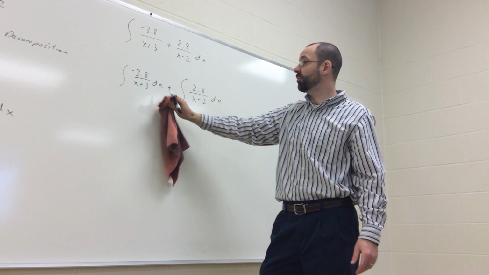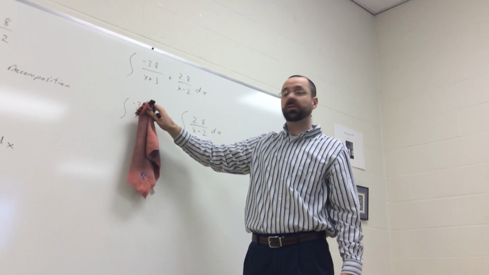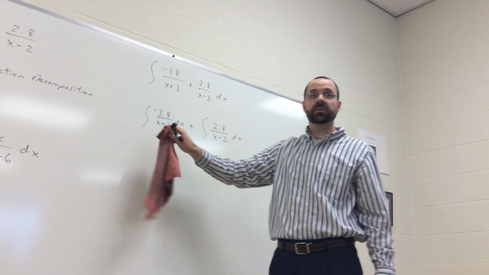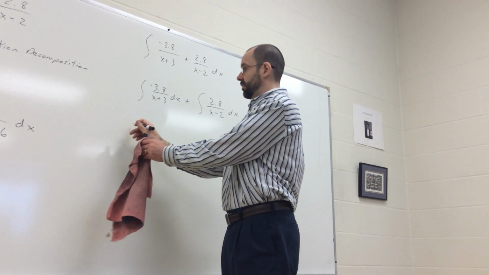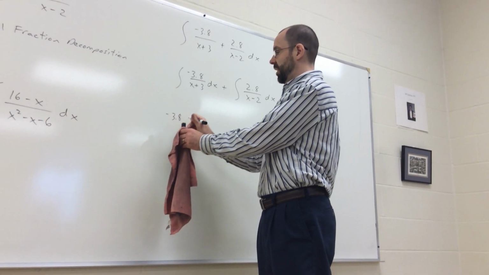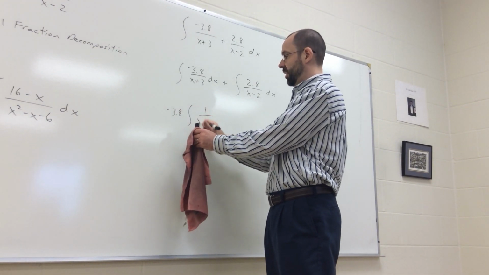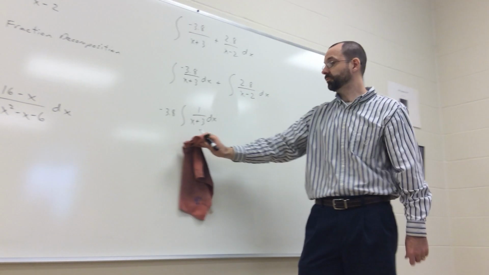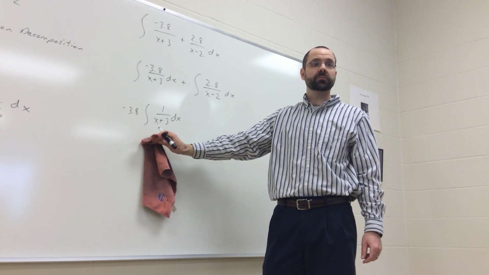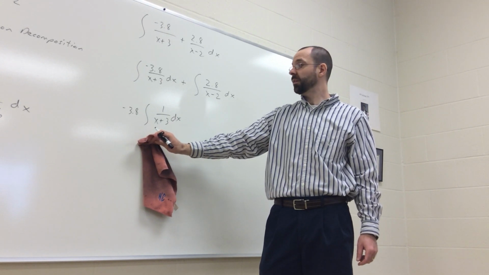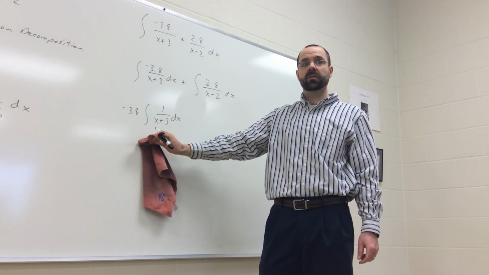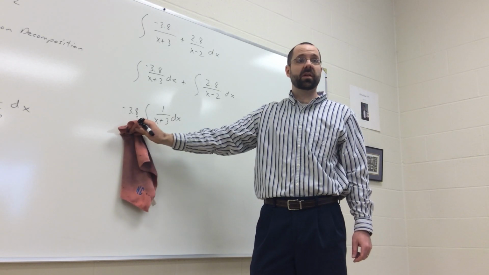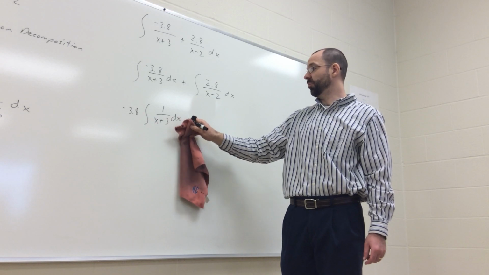And then this 3.8 here could come out in front of the integral. So it's negative 3.8 times the integral of 1 over x plus 3 dx. Because constants can come out in front of integrals, right? And then I'll do the same thing with the 2.8.